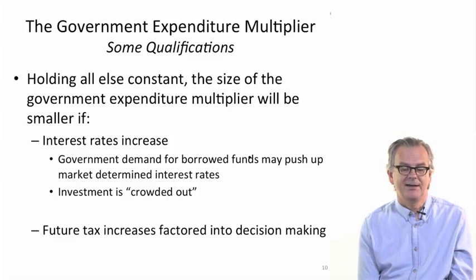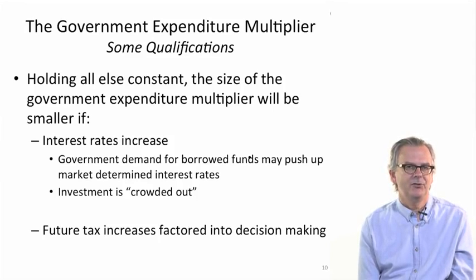And so we might get the possibility of future tax increases being factored into current decision making. Let's focus on households. If households are increasing their saving now in anticipation of higher taxes in the future, well, that's going to mean they're going to cut back on their consumption now. Again, that's going to offset the increase in government expenditure. It's going to mean that the multiplier effect is smaller than what we might think.